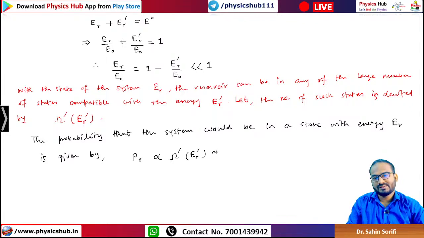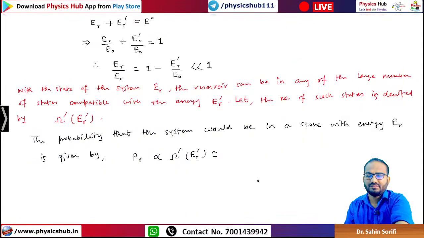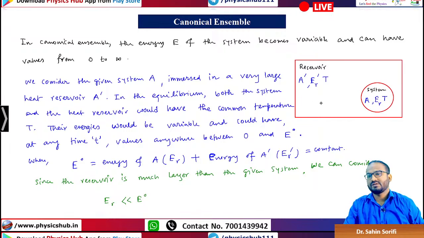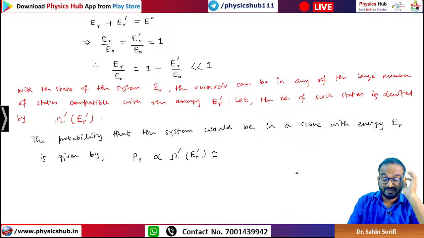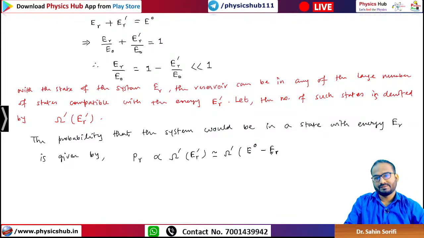We are just interested in the last result, and you don't need to be worried about this derivation. You just need to understand that we have a system and a reservoir which are transferring heat among themselves or exchanging energy between them. So PR is proportional to omega prime, which is a function of E0 minus ER.